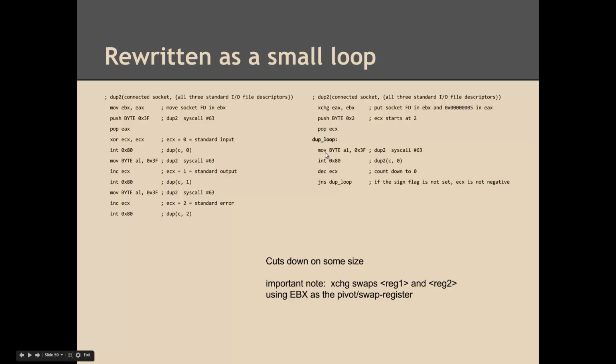So once we've entered the loop, each time we call, the system call is going to trash EAX, so we have to set that up. We call the system call, it's going to be dup2 with ECX of 2 for the first one.